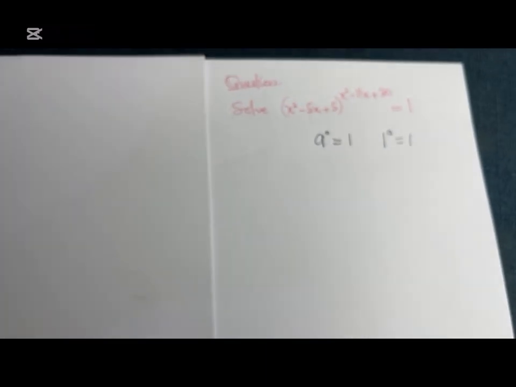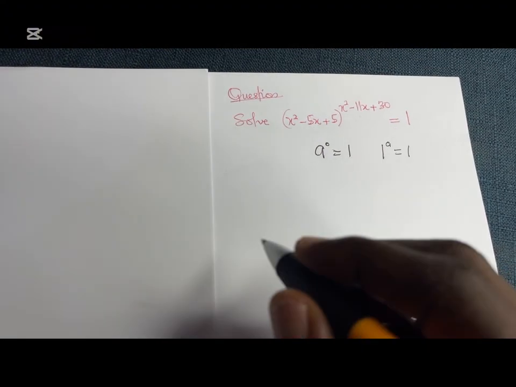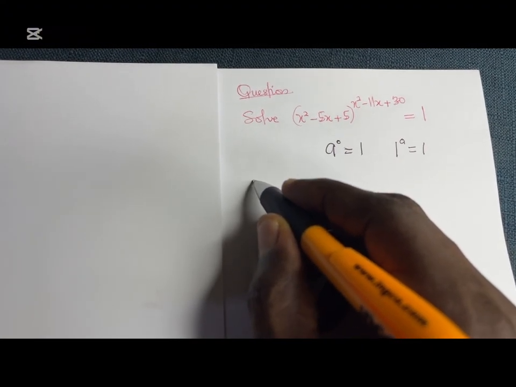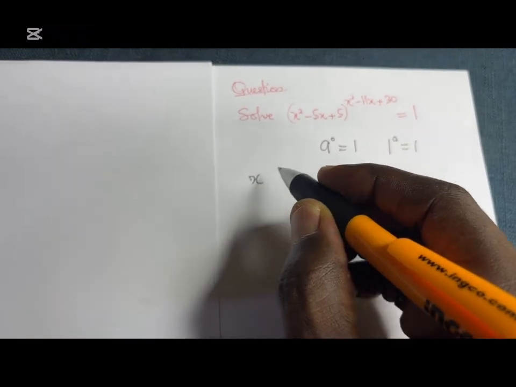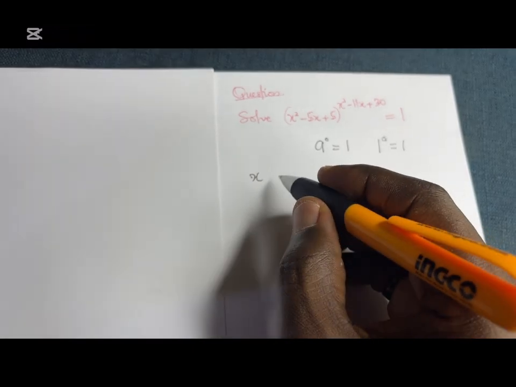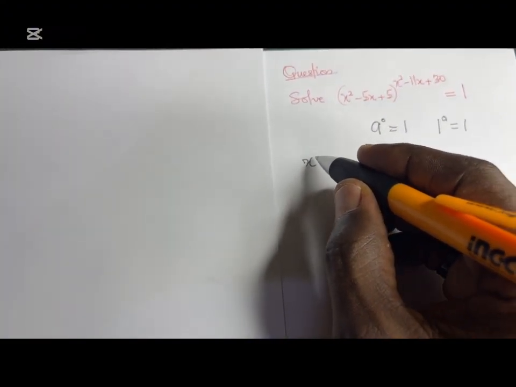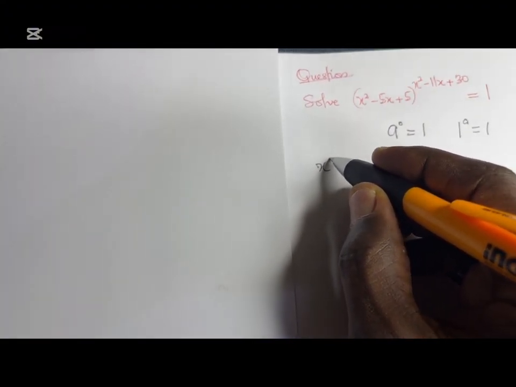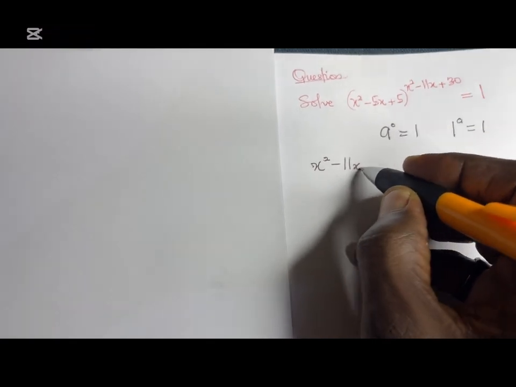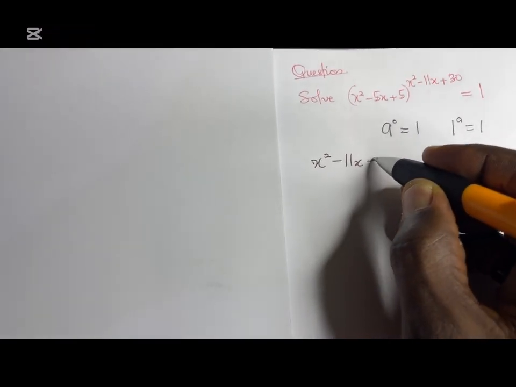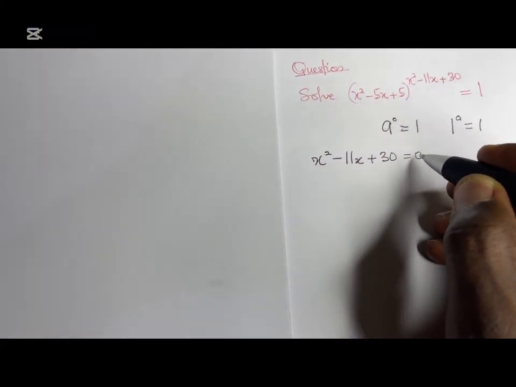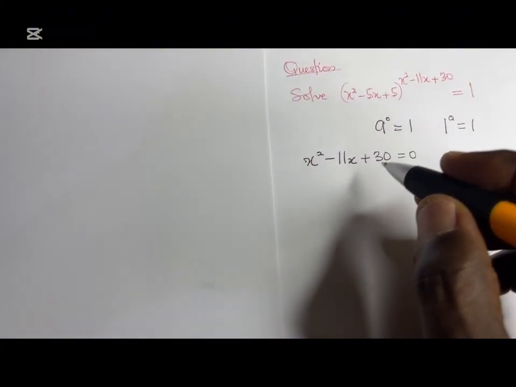So we have, using the exponent first, x squared minus 11x plus 30 equals 0. Then we factorize this.